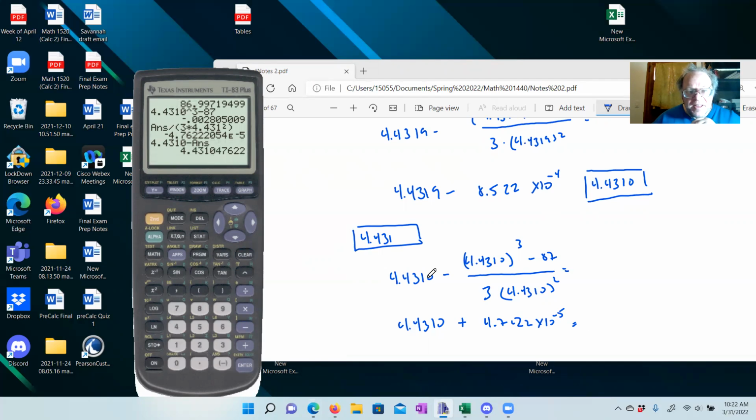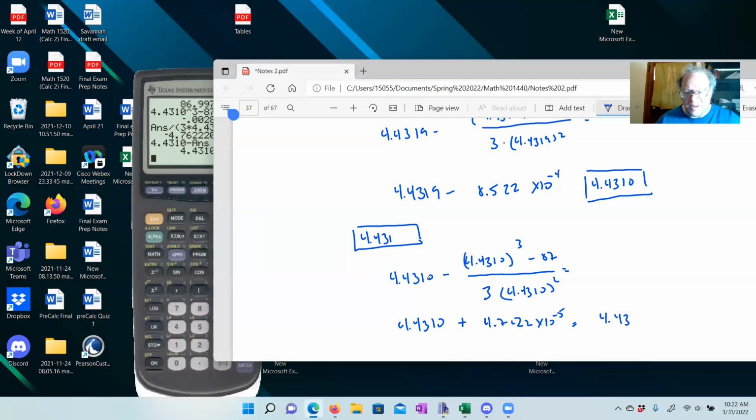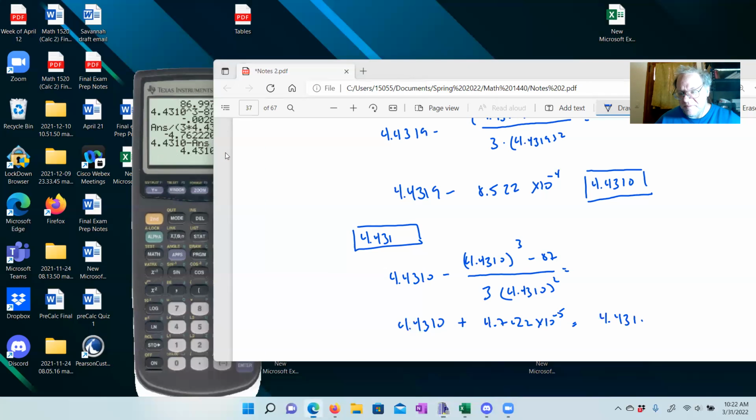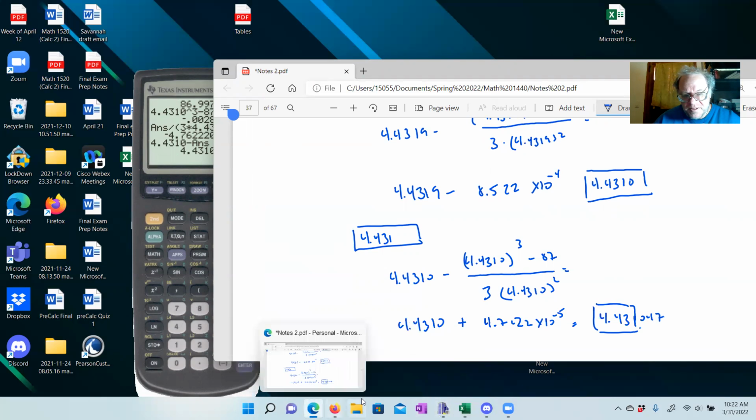And notice like this didn't change, 4.43104. So we could have stopped right there, 4.4310, or 4.431.